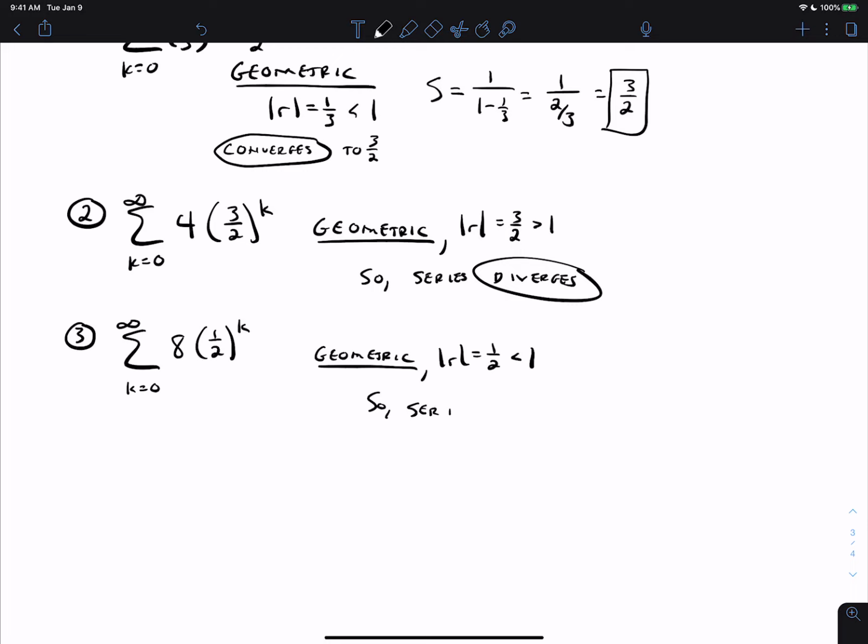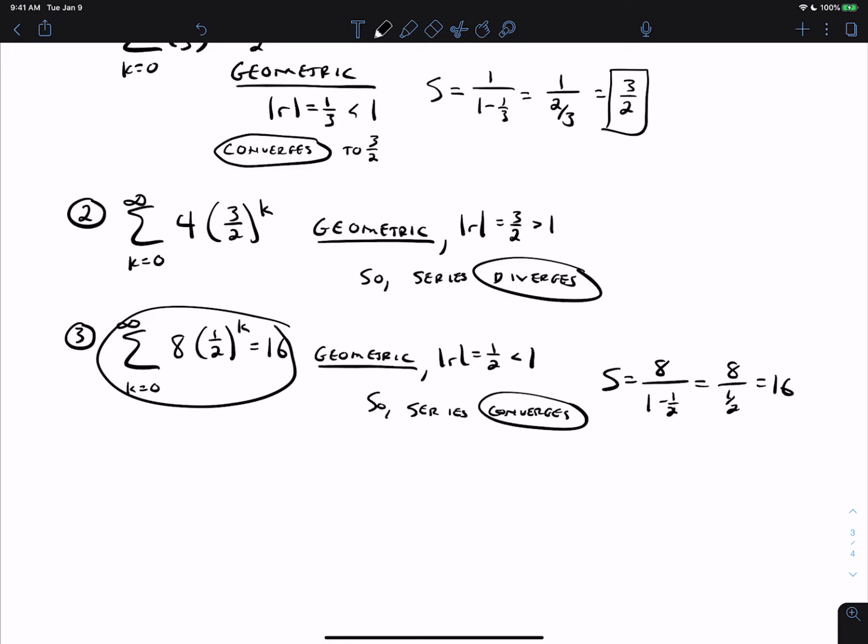So the series converges. Its sum is A over 1 minus R, which is 8 over 1 minus 1/2. That's 8 over 1/2, which is then 16. So it converges to 16. I'm going to write it over here: the sum converges to 16.